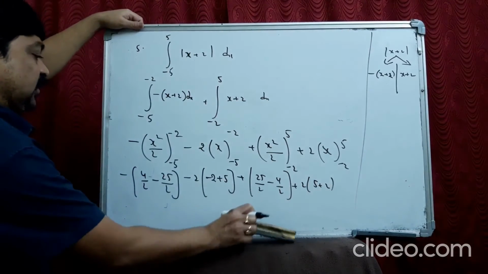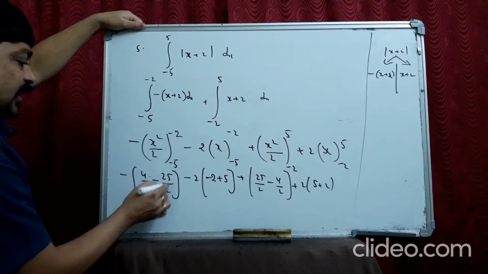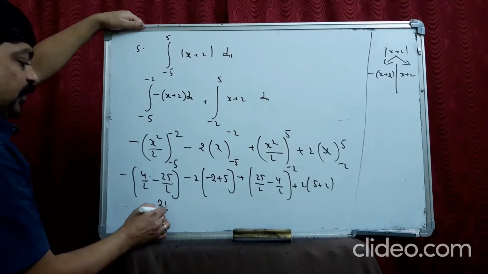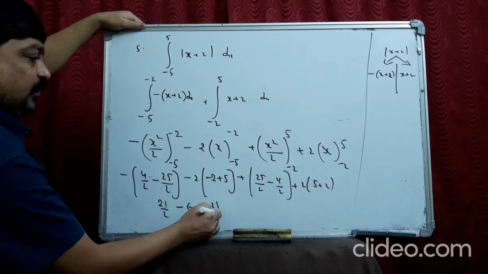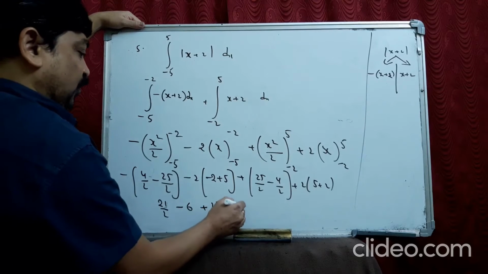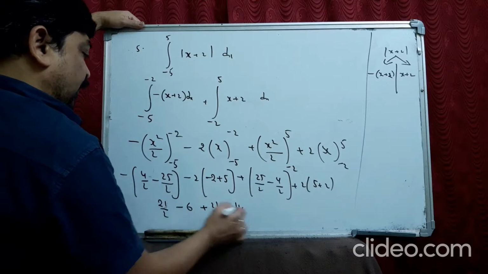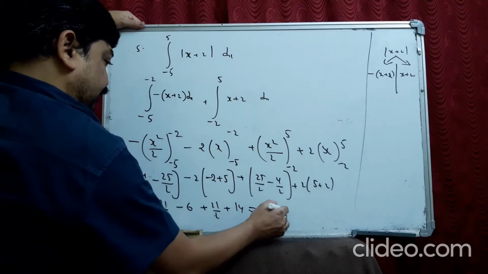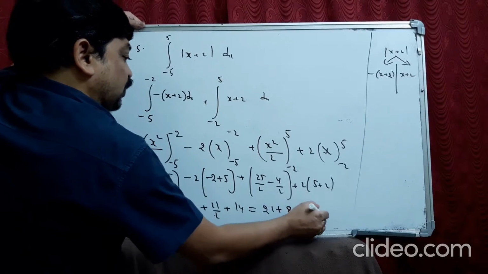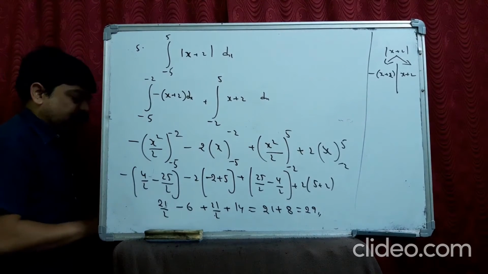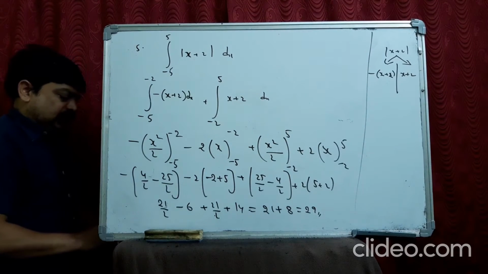So let us see. This is minus 21 by 2, it becomes 21 by 2. Minus 6 plus 21 by 2 plus 14. 21 by 2 plus 21 by 2 becomes 21. 14 minus 6 becomes 8. The answer is 29. Let us see. Yes, it is 29.